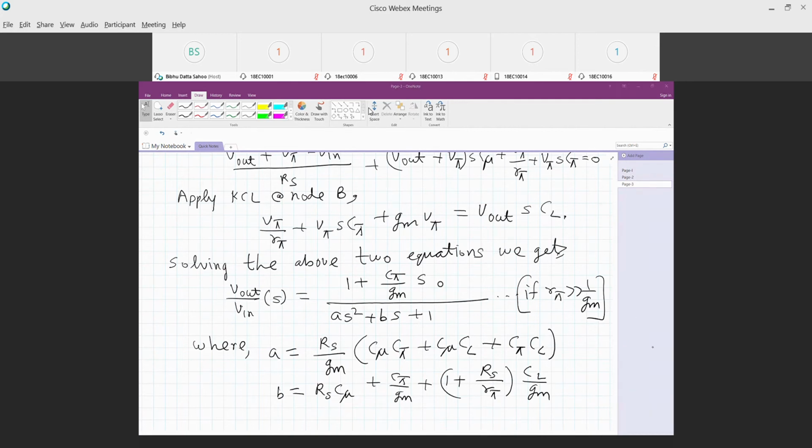Somebody said the numerator and denominator are coming of the same degree, but are you getting the coefficients as these?